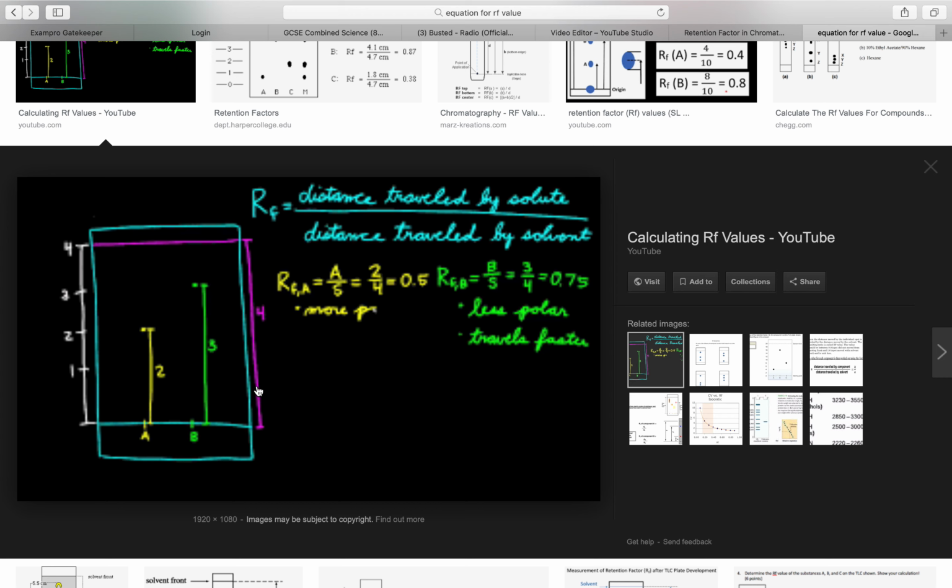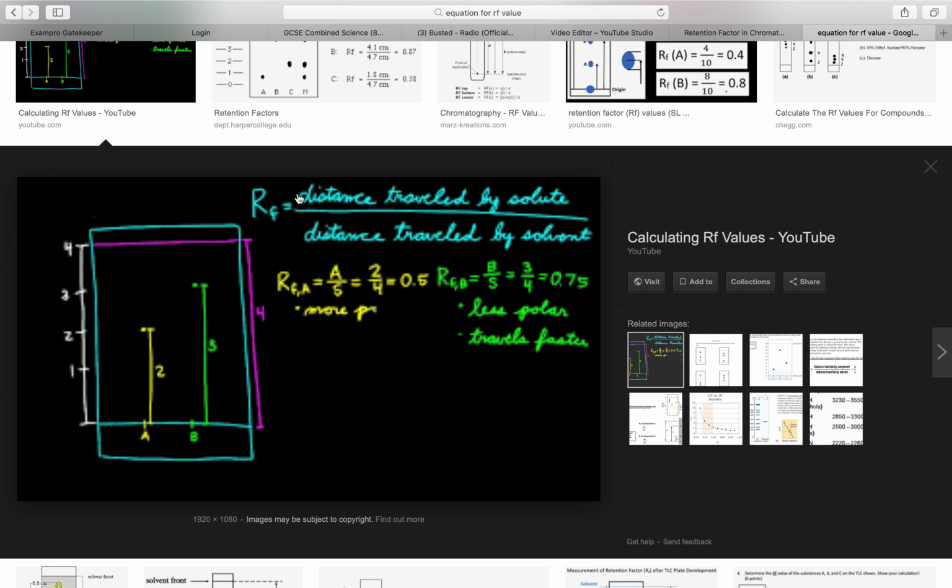So your distance travelled by the solute, that's assuming that's that dot. If I wanted to find the retention factor of that point there, I'd do that distance divided by the solvent, which is that distance, the mobile phase.